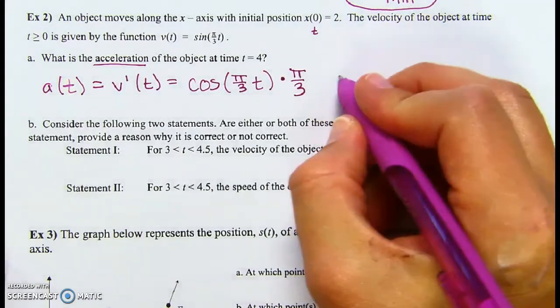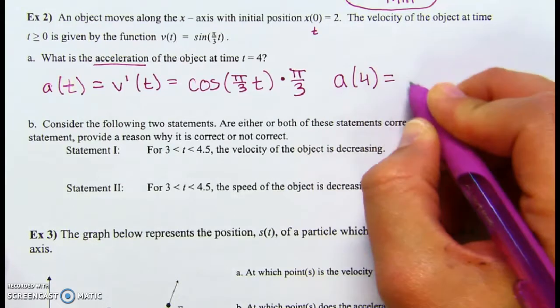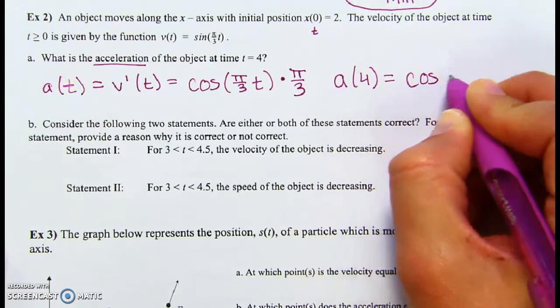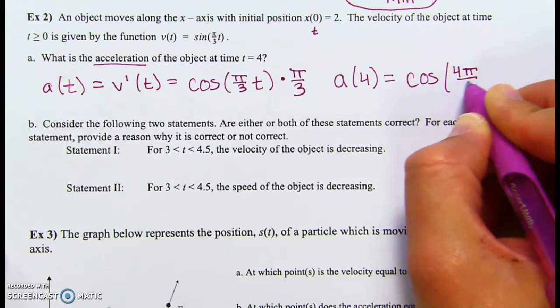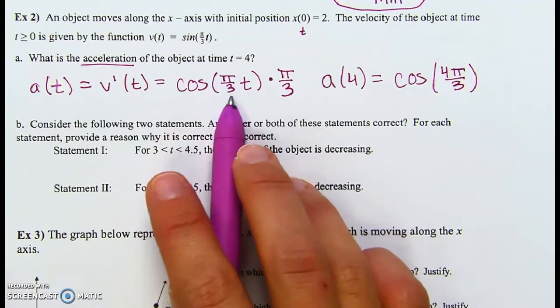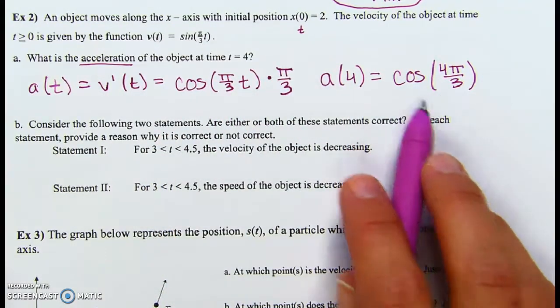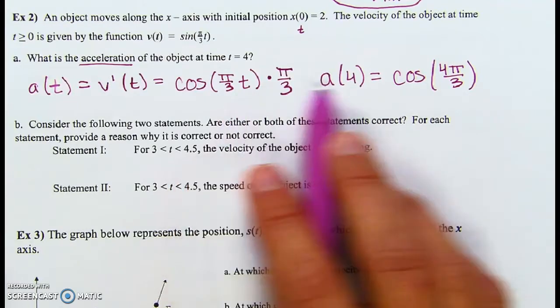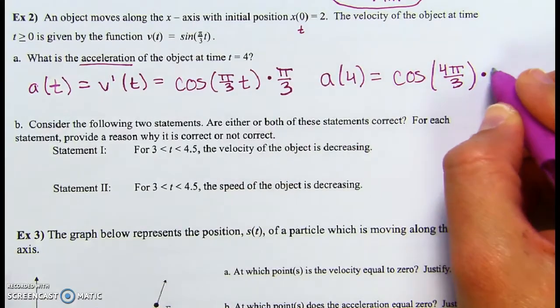So now we can find what is the acceleration, a of 4. So we're going to plug in 4 for t. So anytime we have pi over 3 times a number, we just change that to 4 pi over 3. Pi over 3 times 4 becomes 4 pi over 3, and then I need to multiply by this.